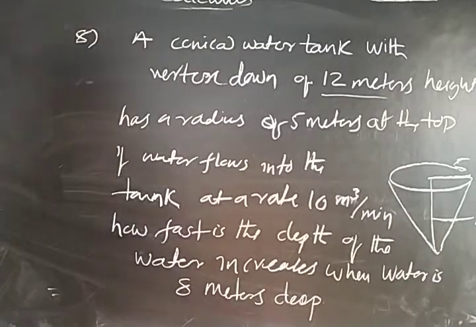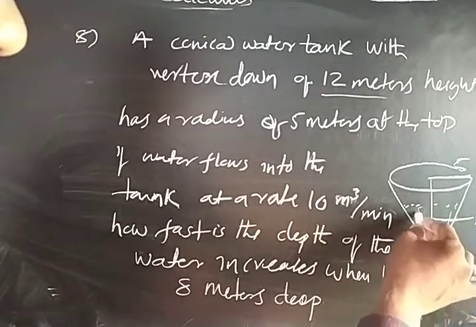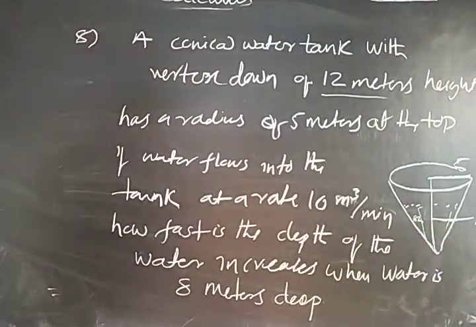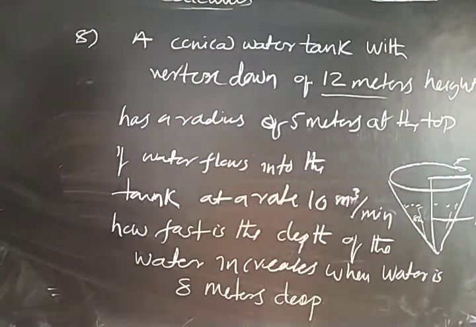When water is 8 meters deep, right? So here water is 8 meters deep. This is the height of the water, 8 meters deep. So we have to find what is given: radius is given, height of the cone is given, right? And dV by dt is also given. Okay.